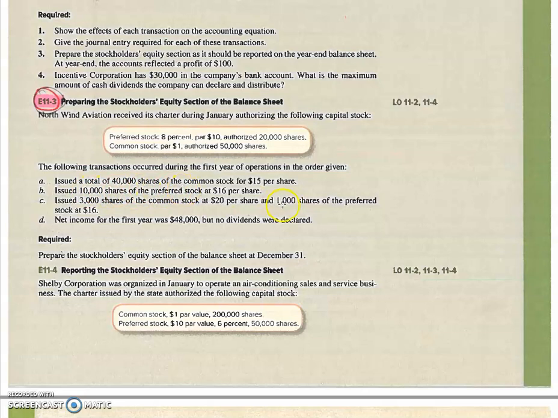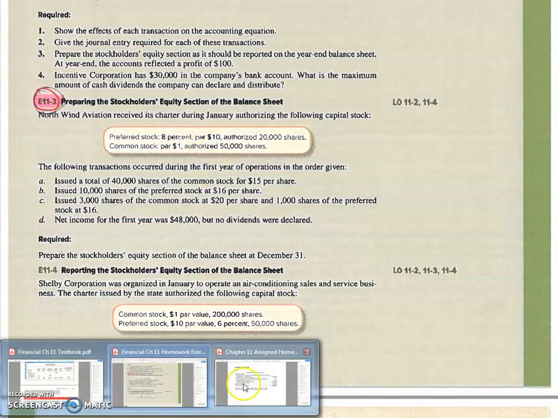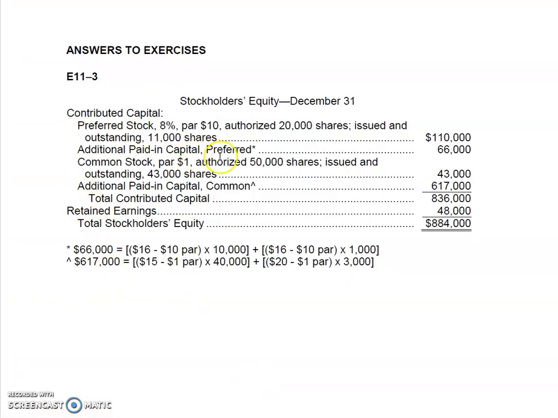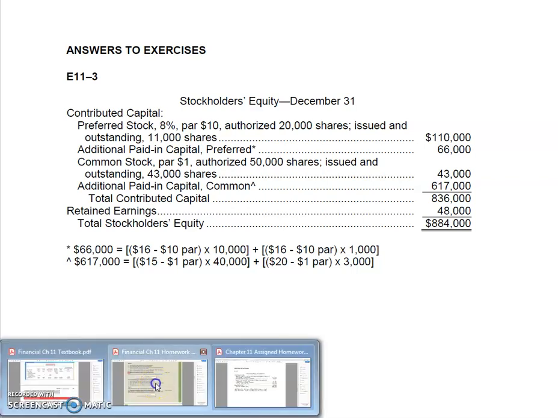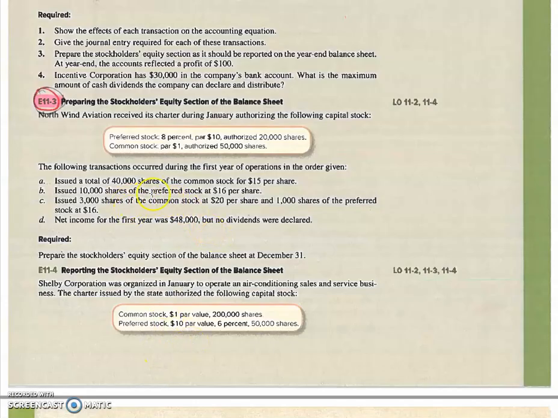Par value is $10 per share, so 11,000 shares times $10 par gives us preferred stock of $110,000.